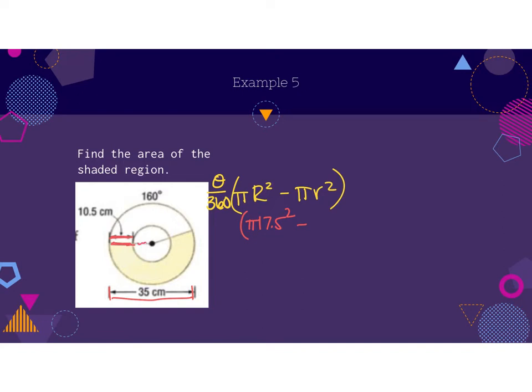That would give us what we're left with, which would be the small radius, which is 7 squared. For our theta, that's our angle measure, so we want to figure out what this measure is. Since we know 160, we just need to do 360 minus 160, which would be 200.